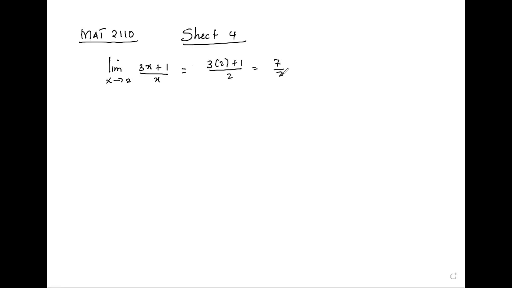But what will be happening in this course is that you have questions like the limit as x goes to 2 of x squared minus 4 over x minus 2. At least this you can expect, so that when you try to substitute, you get 0 over 0.